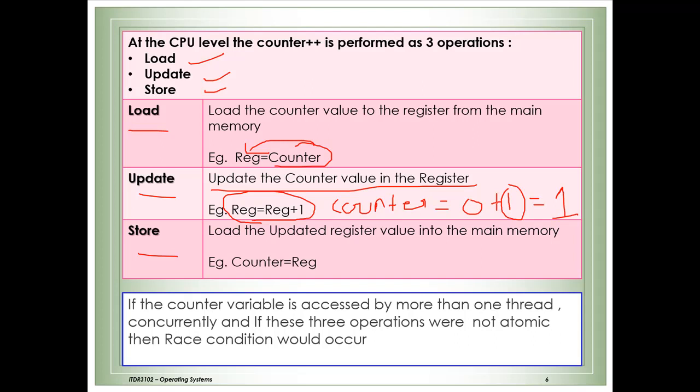However, the updated value of the counter still exists in the register, not yet updated in the main memory. From the memory, initially the value is loaded into the register, then in the register the update is taking place. What is the update? The value has to be increased by one. So initially it was 0, and 0 plus 1 is 1.